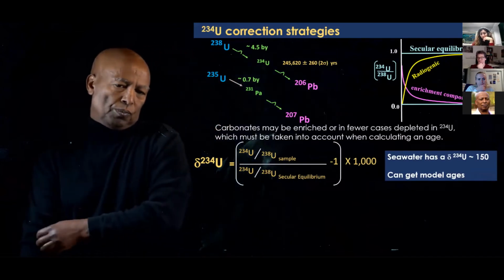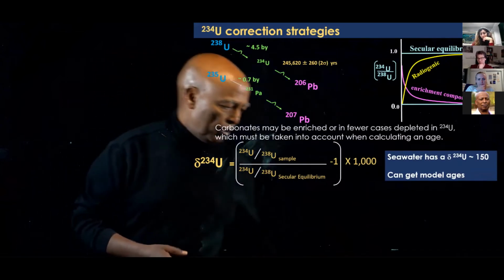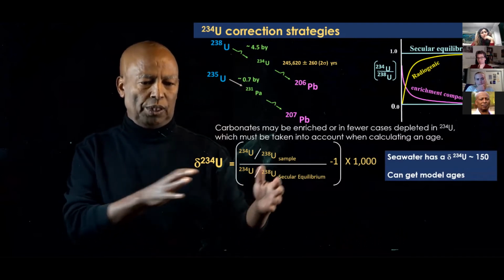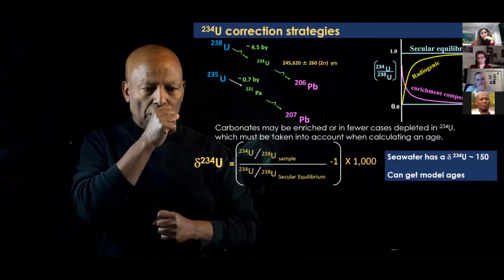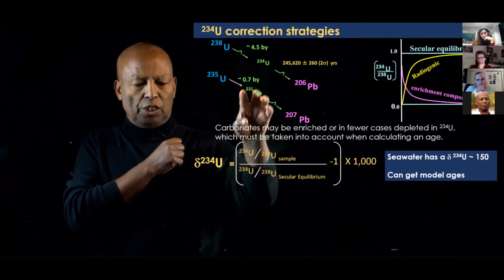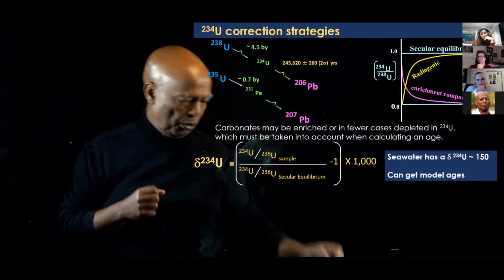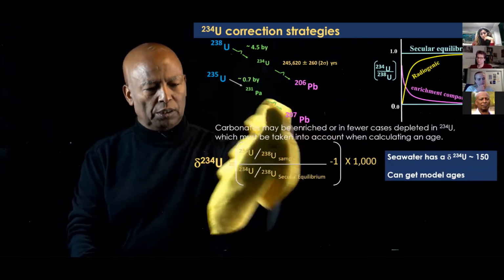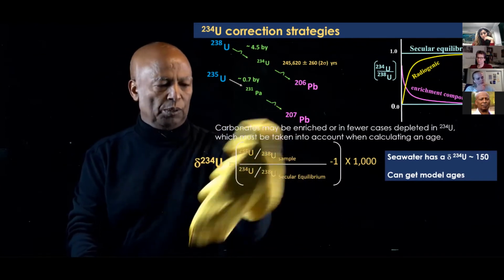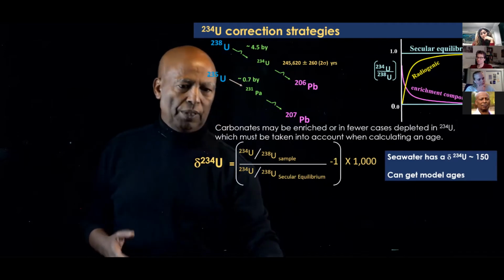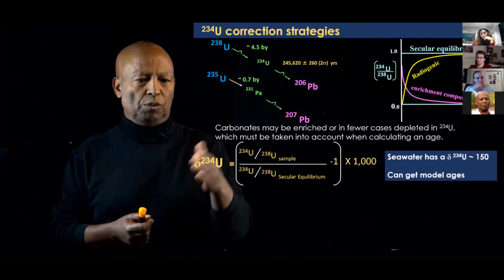As I said, one of the issues that you have to deal with in uranium-lead dating for young samples is that typically waters are not in secular equilibrium when it comes to uranium-234. For example, in continental waters, such as waters coming from a sedimentary aquifer, you can have very large enrichments in uranium-234.